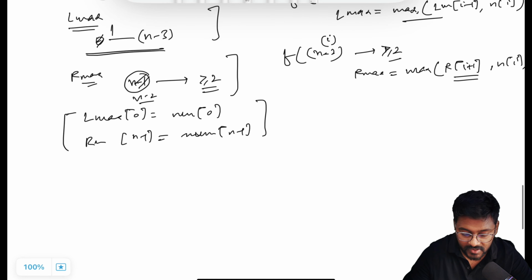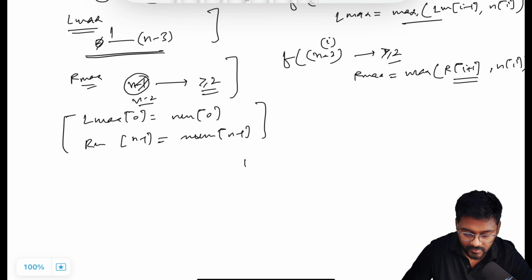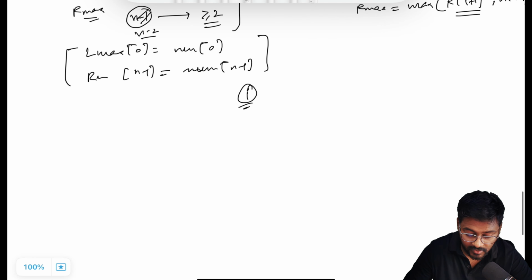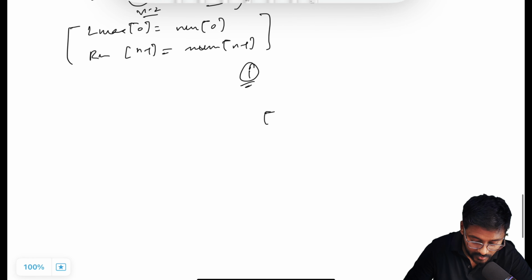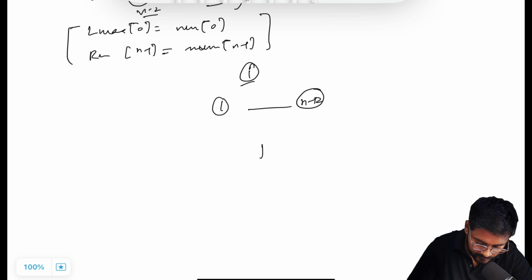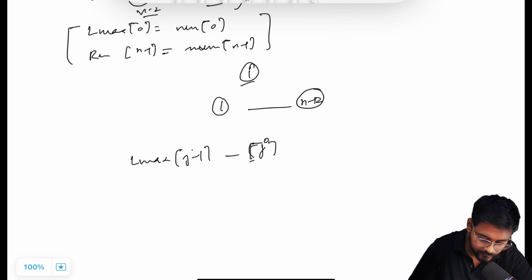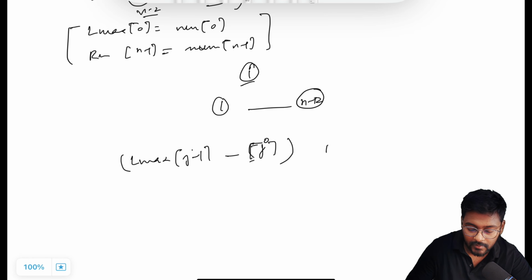And when I have to pick j, the range of j is 1 to n minus 2. Let's say j is at this position. For j, the left max I can find at the j minus 1 value, and the right max I can find at the j plus 1 value.